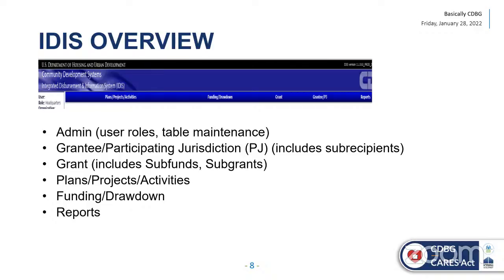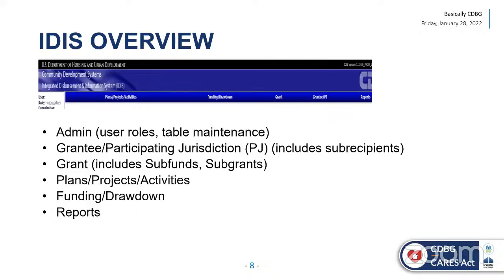For grantees and participating jurisdictions, there's a tab called grantee/PJ, and that's where you have information about your particular city, county, whatever. And also that's the place where you add carrying out organizations and subordinate organizations.